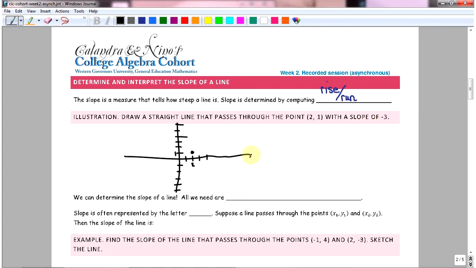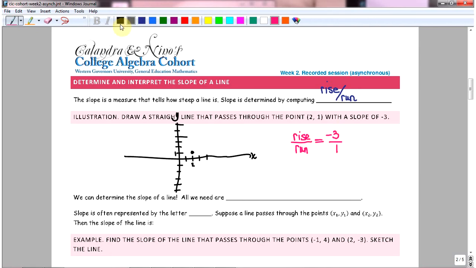So how can we use that slope in order to get some other points on our graph? Well, we can use this rise over run definition. So the rise divided by the run, which is the slope, is equal to -3. But remember, any number can be written as itself divided by 1, because when you divide by 1, you're just left with the original value.